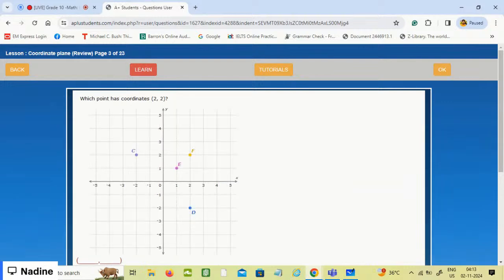What point has coordinate 2, 2? x is 2, y is 2. Which is the correct option?